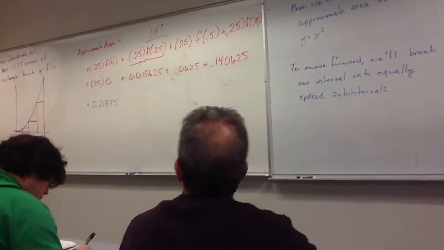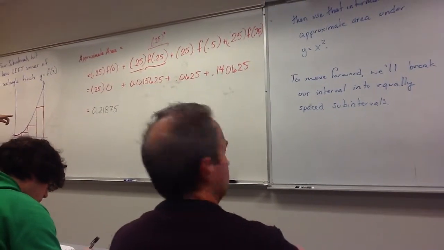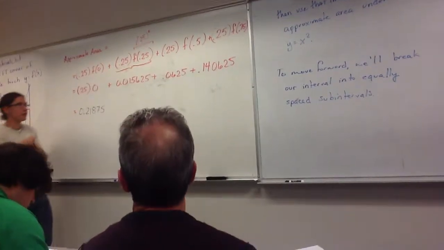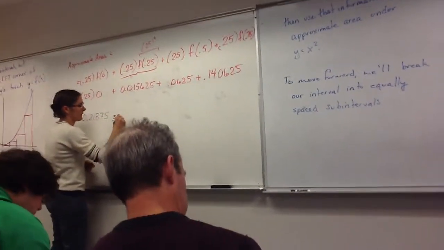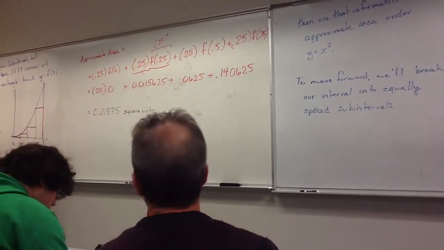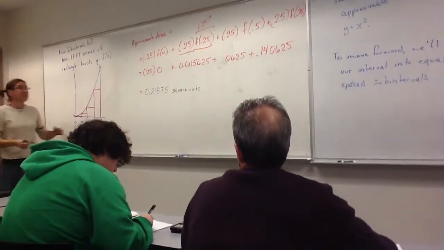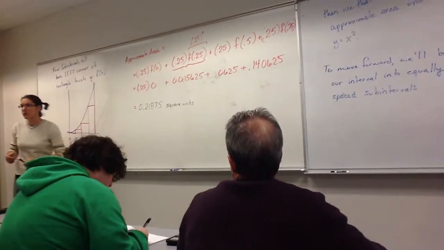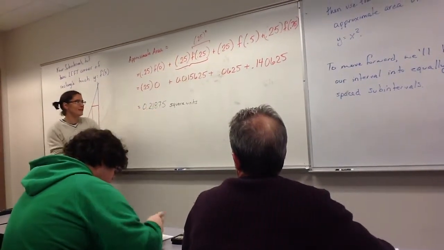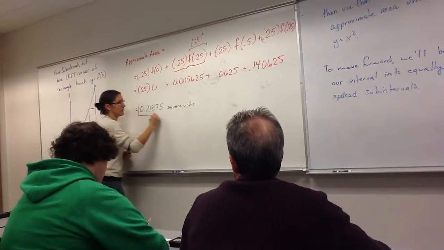Okay, do I have a second on this number of 0.21875? Yeah. Okay, so this number, this is also square units. And so this is saying that the area under y equals x squared between 0 and 1 is approximately 0.21875 square units.